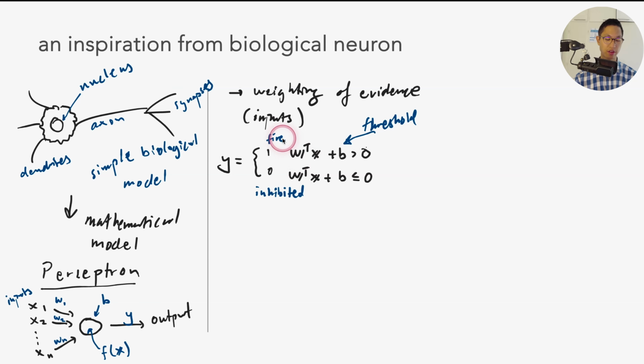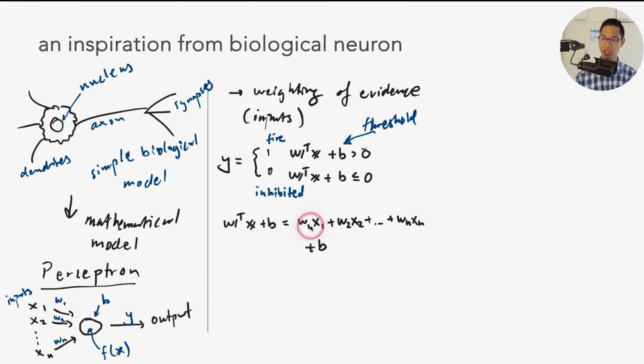Now we have fire and we have inhibited, and this is the threshold. w transposed x plus b, if you expand this, is w1 times x1 plus w2 times x2 plus and so on, wn times xn plus b. This means that, for example, if w1 is very strong, then this term becomes very strong and very important.